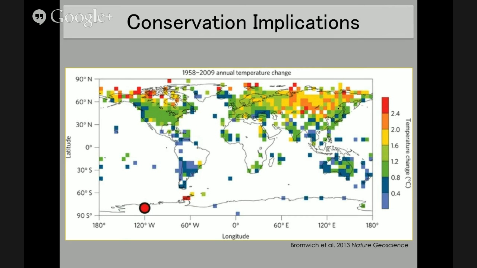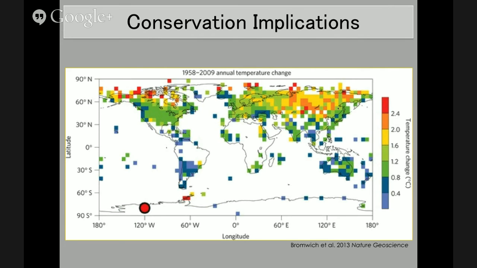And at least preliminarily, these results suggest that we may need to focus conservation efforts on species that have small niche breadths, both in terms of preventing species from going extinct, but also in terms of preserving those species that are more likely to give rise to new species and to generate new biodiversity.